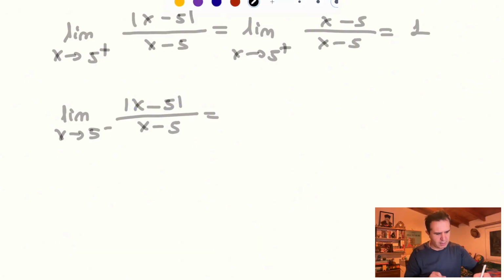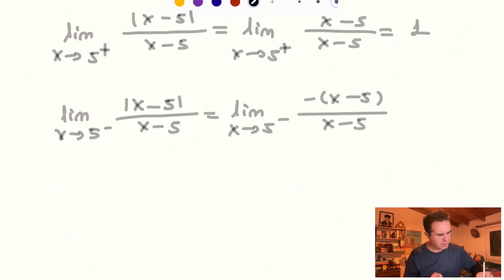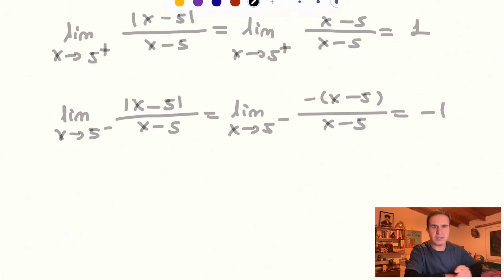So for the limit as x approaches 5 from the left-hand side, the absolute value of x minus 5 will be minus (x minus 5) divided by x minus 5. We can cancel them and we get minus 1. So the left-hand limit here equals minus 1.